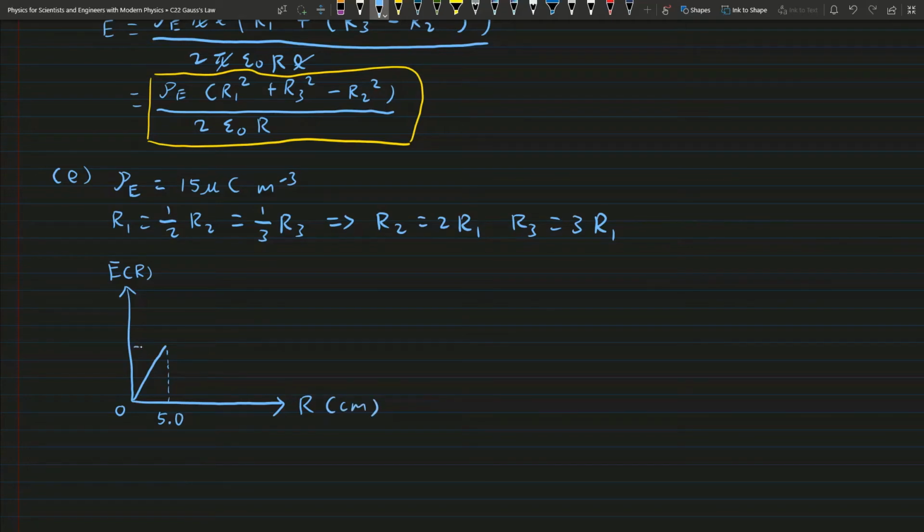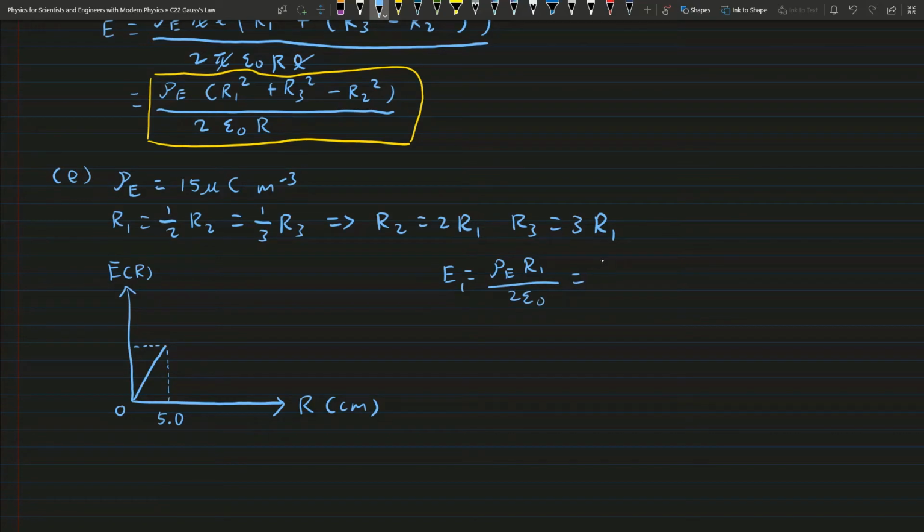And let's find out the corresponding electric field at this R1. We use the formula for case A, which is rho R, in this case R1, over 2 epsilon naught.